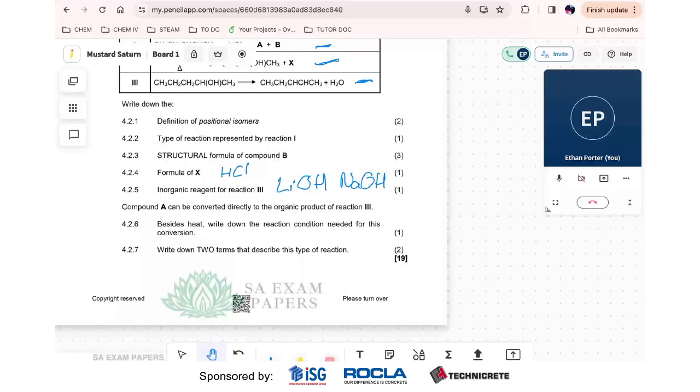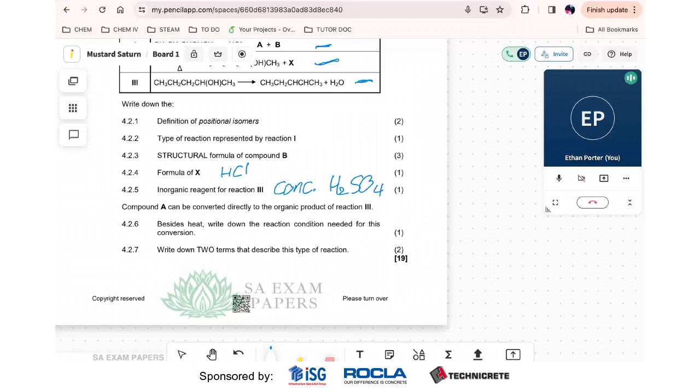Oh, my mistake. Sorry, I got a bit confused here. In order to convert this alcohol back into an alkene, it's not strong base, it's strong acid, specifically sulfuric acid. So this is concentrated H2SO4. Then the strong base comes in for converting the haloalkane directly back into the alkene.